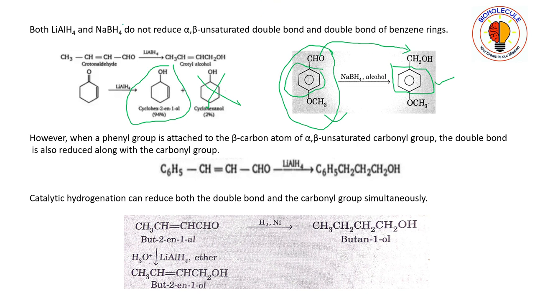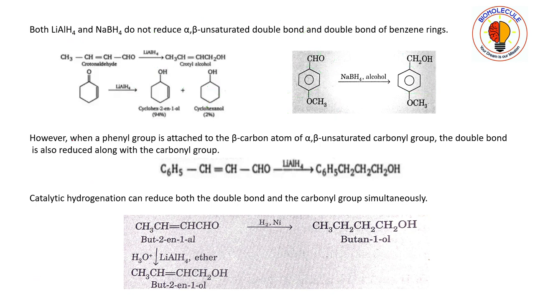Now lithium aluminum hydride does not reduce alpha beta unsaturated double bond. There is one catch here. However, when a phenyl group is attached to the beta carbon, so this was our beta carbon.